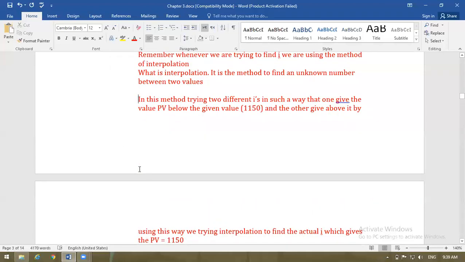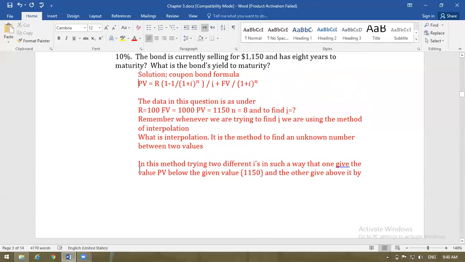In this method, we will try two different interest rates. As we know that the present value of this bond is 1150, we will try to find one interest rate which gives a present value below 1150 and a second interest rate which gives a present value above 1150.